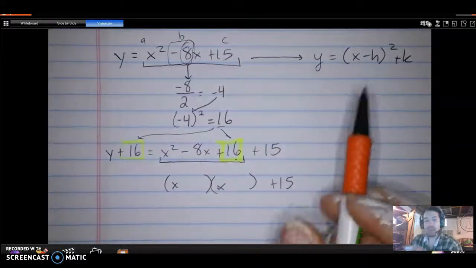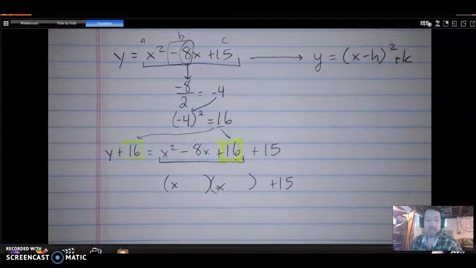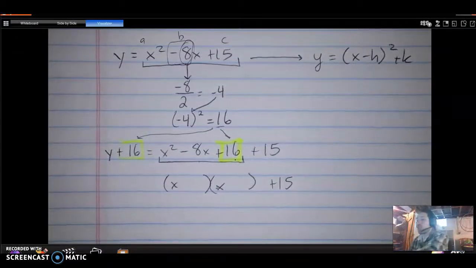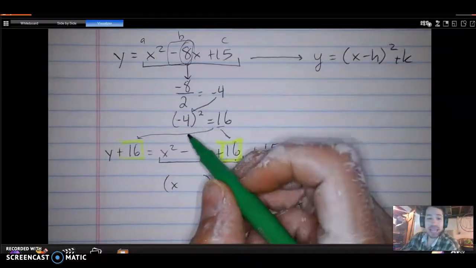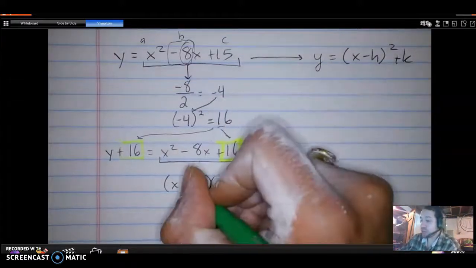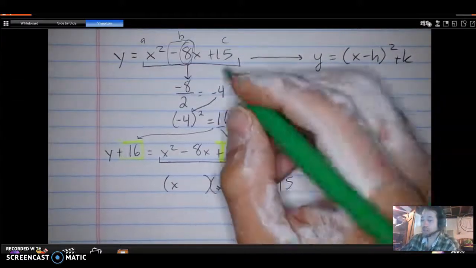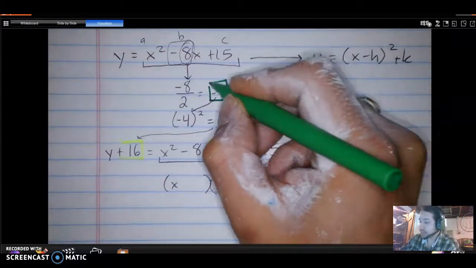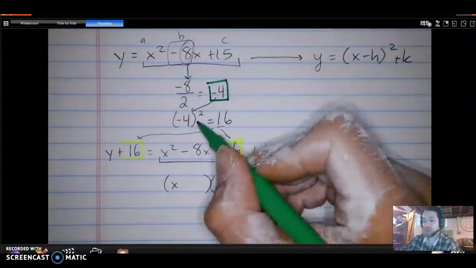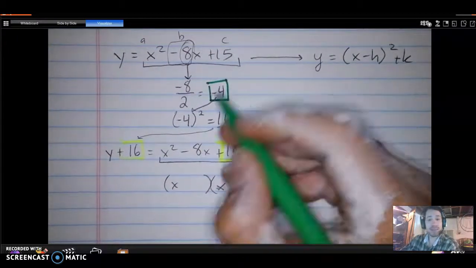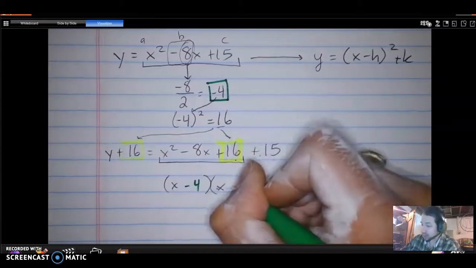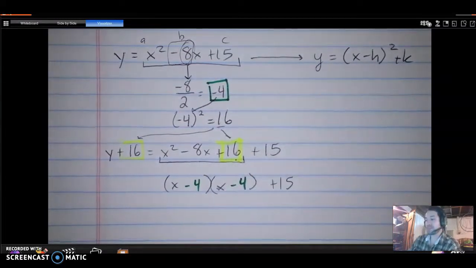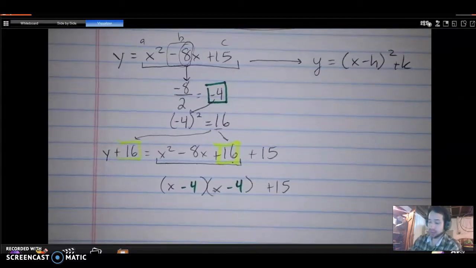Now, Miss Hevel showed you a little trick in the last video that's really helpful. The number that's going to be in this factored form is always that b value divided by 2. Before we square it, before we make it 16, this is that negative 4. It will always be that number found that way.